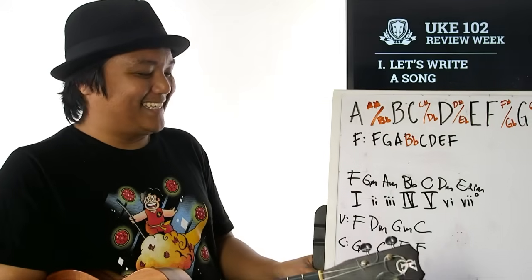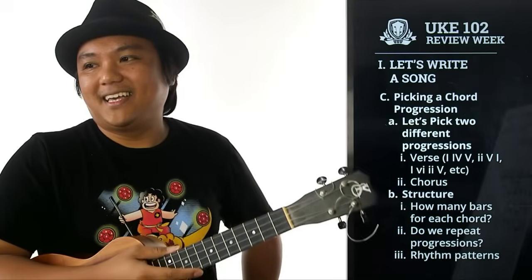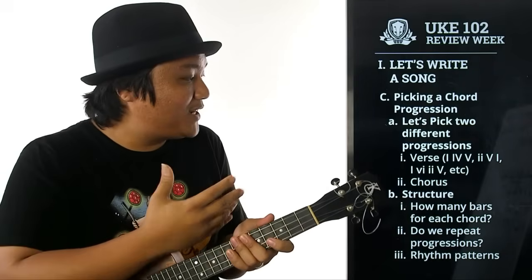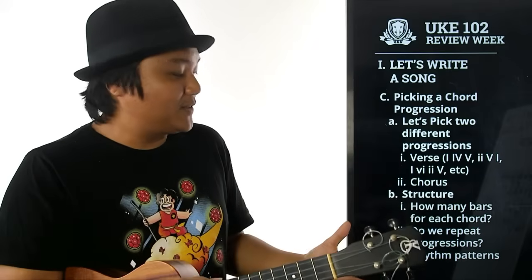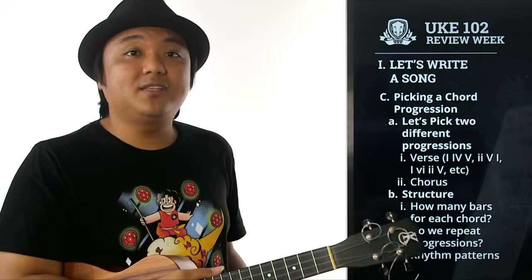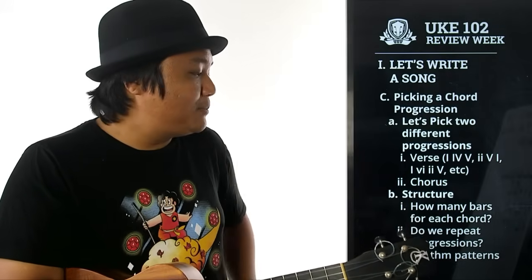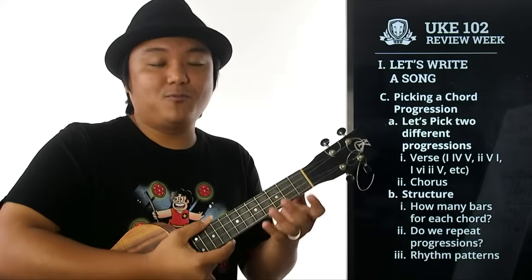All right. Now let's put this back here. And let's move on. So far so good. We got our chord progressions, verse, chorus. We built a structure. Oh, one more thing. Let's do a different rhythm pattern. I know we've been doing down up down up down up, but let's do a nice simple down down up up down up. We learned that from Ukulele 101.